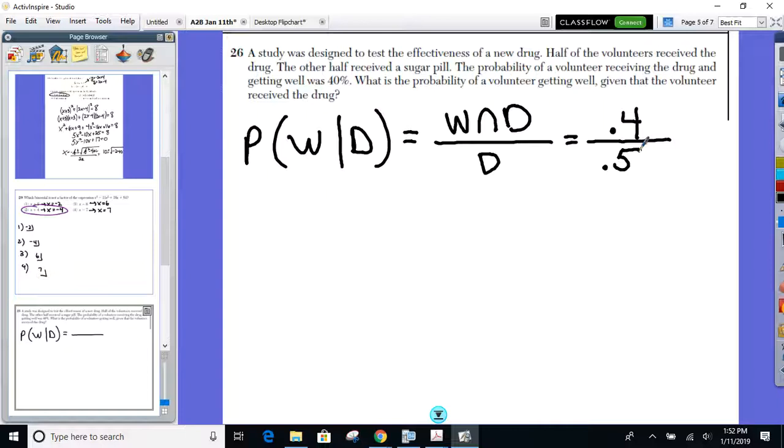Did you guys put 1/2? Yeah, I thought that too. No. Half of the volunteers received the drug. Yep, I would. And the probability then would be 0.8, so about an 80% chance that they'll get well if they were given the drug.